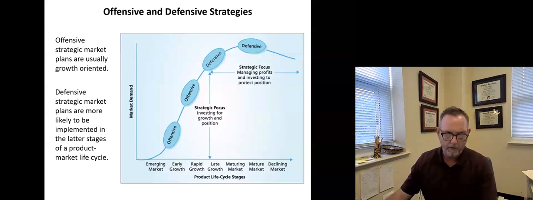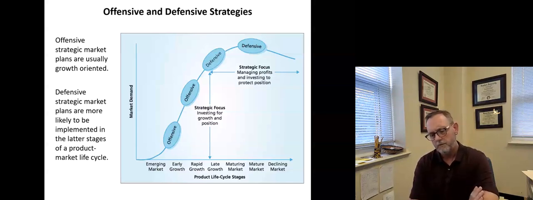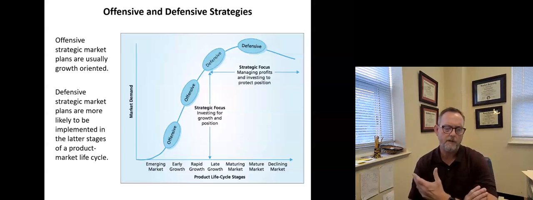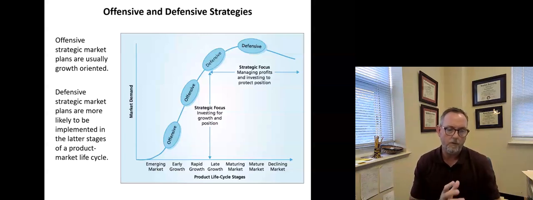Okay, a couple other things that we'll look at, and later on in the term in other lectures, we'll talk about specific offensive and defensive strategies, especially around products and brands, how you can grow, how you can defend, how you can protect things that you're going to do from a product portfolio standpoint.